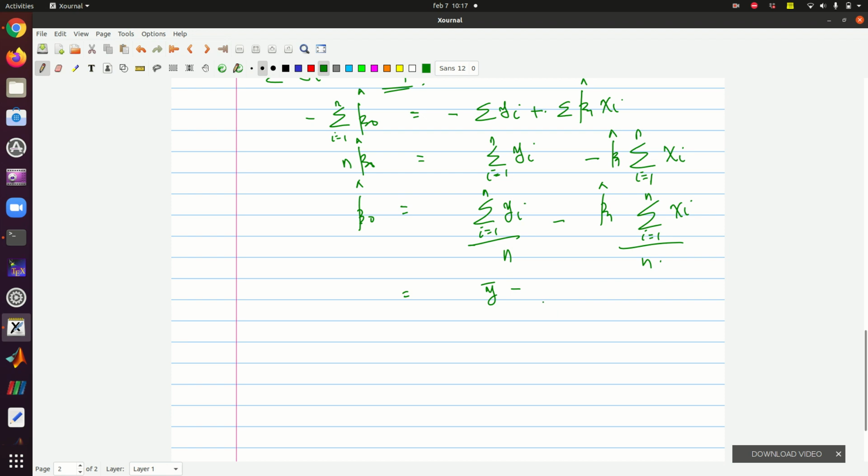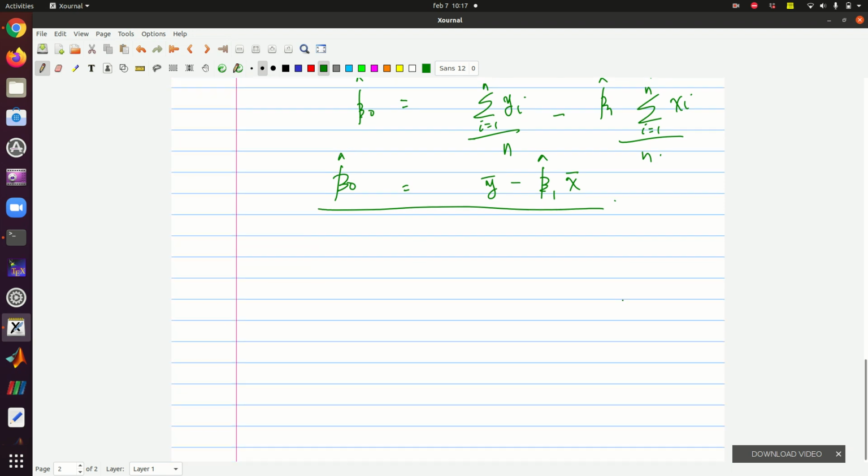So this is beta 1 hat, this is our x bar, and this is beta naught hat.